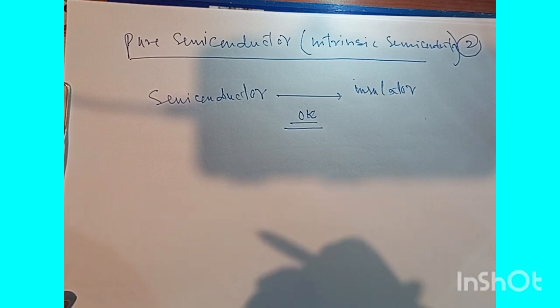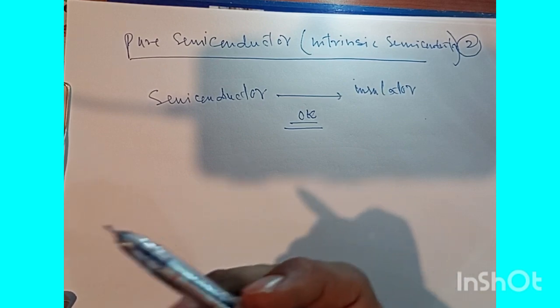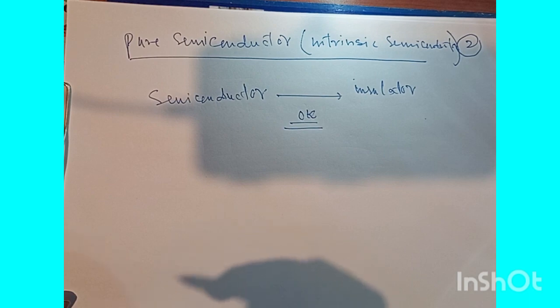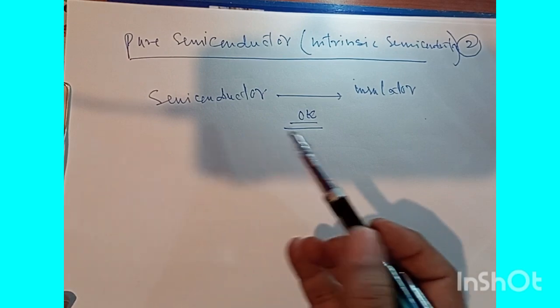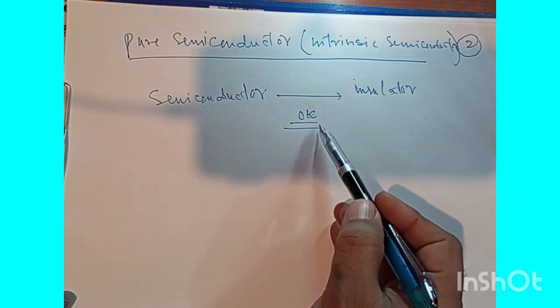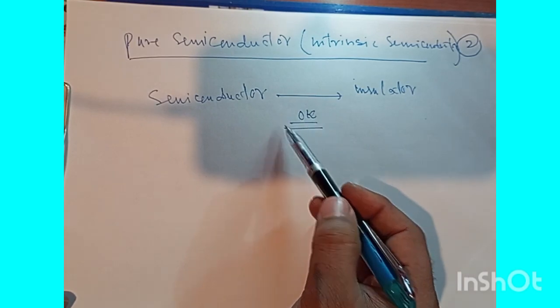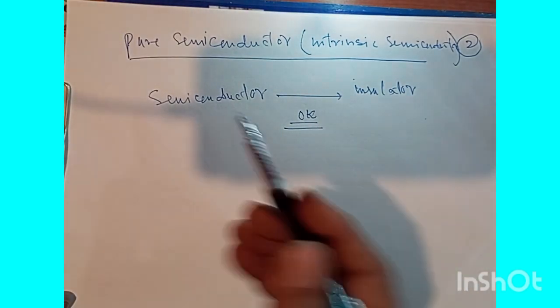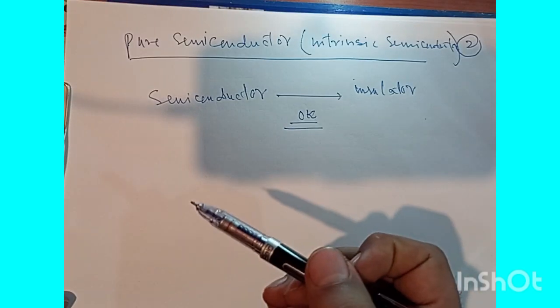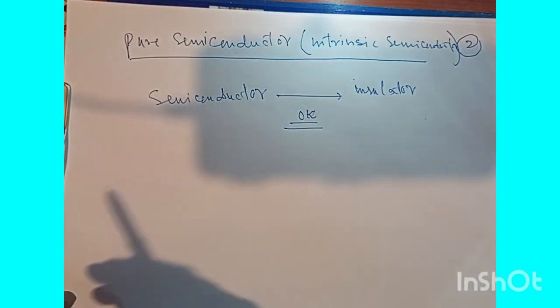If we proceed from here, what is happening when you bring the temperature down to 0 Kelvin? The resistivity of this semiconductor is going up as the temperature is decreased.